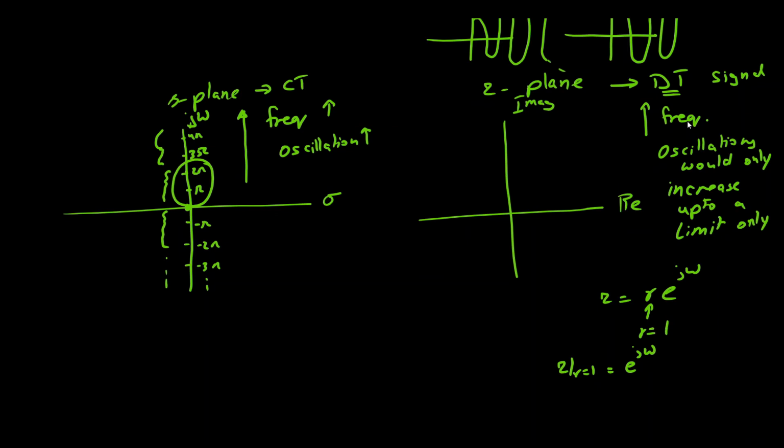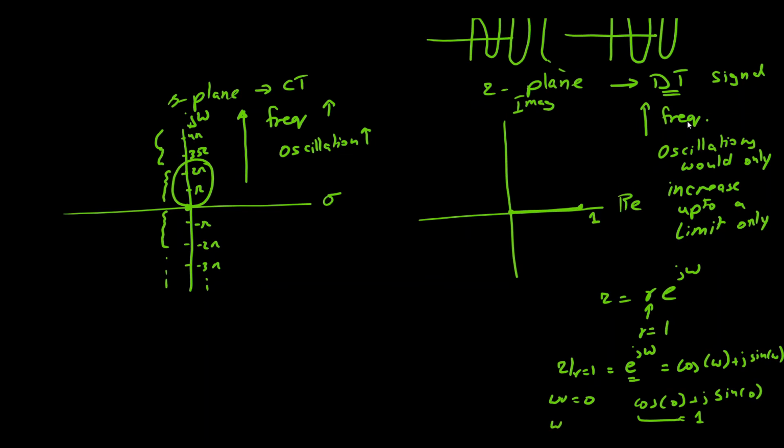And from Euler's identity, this is simply cos of omega plus j sine of omega. So when omega is equal to 0, this means cos of 0 plus j sine of 0, this is simply 1. So from here, when sine is 0, we only have the real part, which has a magnitude of 1.